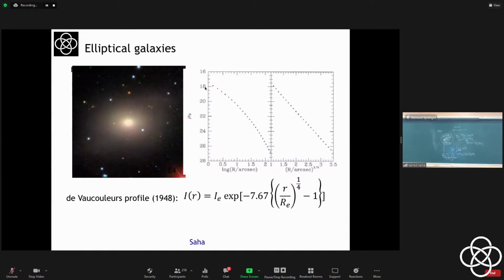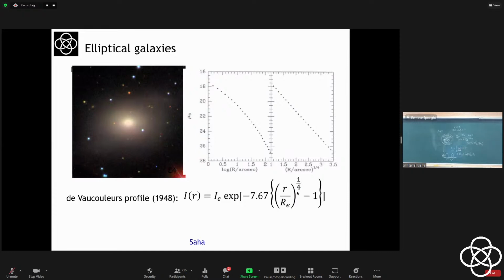You can see 18 means bright, 26 means faint, which means the center is bright and it gets fainter outside, so it drops. This variation in the light is defined by a function called the de Vaucouleurs profile.